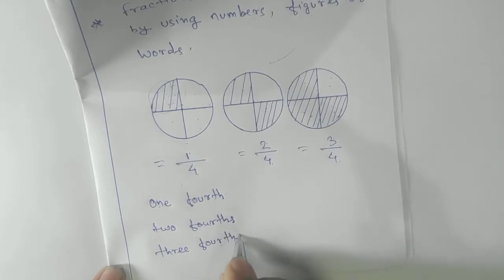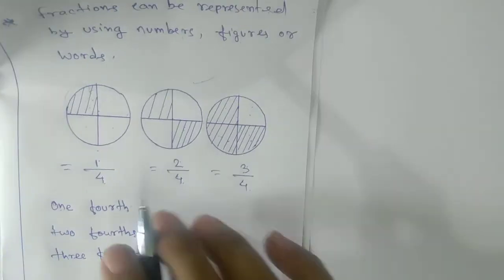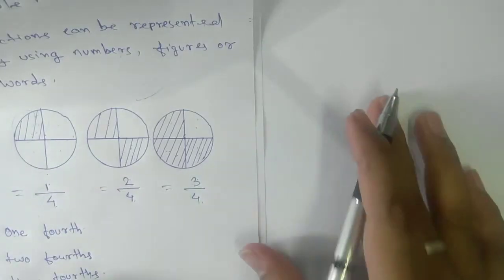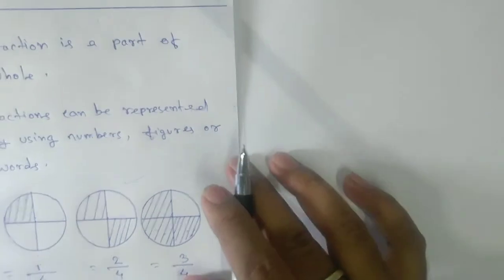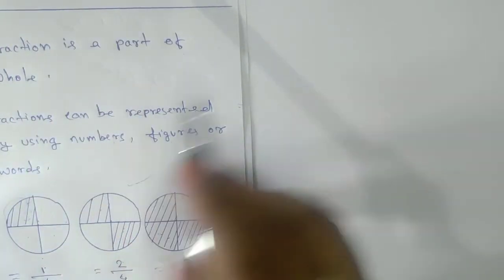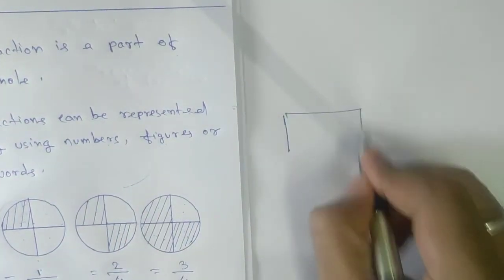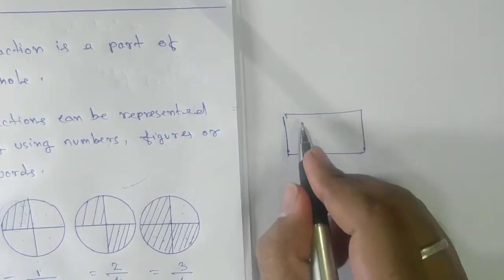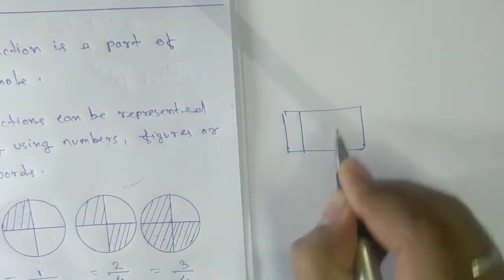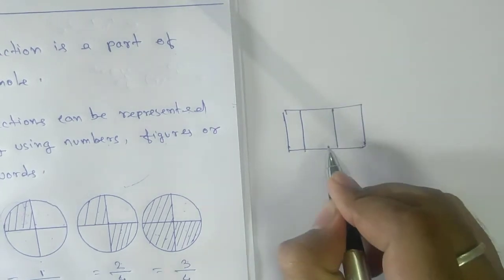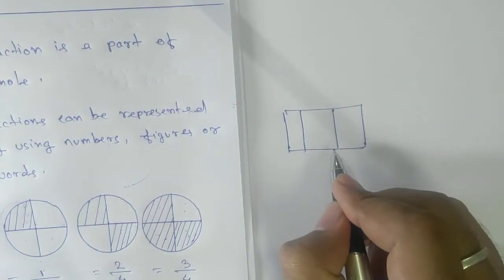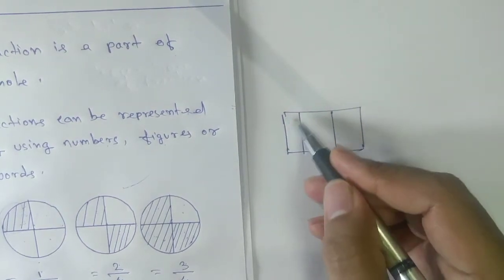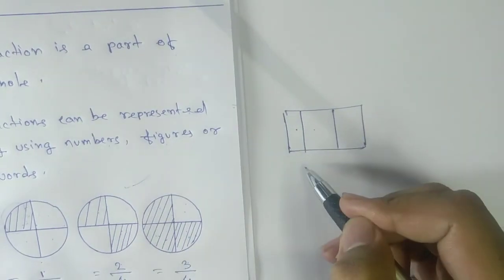Let's try to know more about this word problem. What I have told here is that a fraction is a part of a whole. If you take a biscuit and cut one part this much and the other part bigger in size, you can see that it is not equal parts.